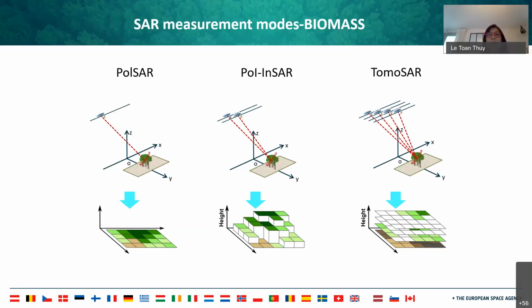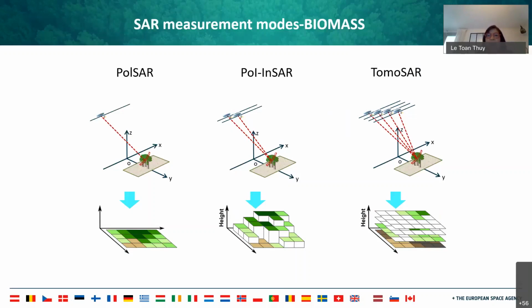And so you see that for one image you have intensity or amplitude and the phase, and then you take different images using different orbits.